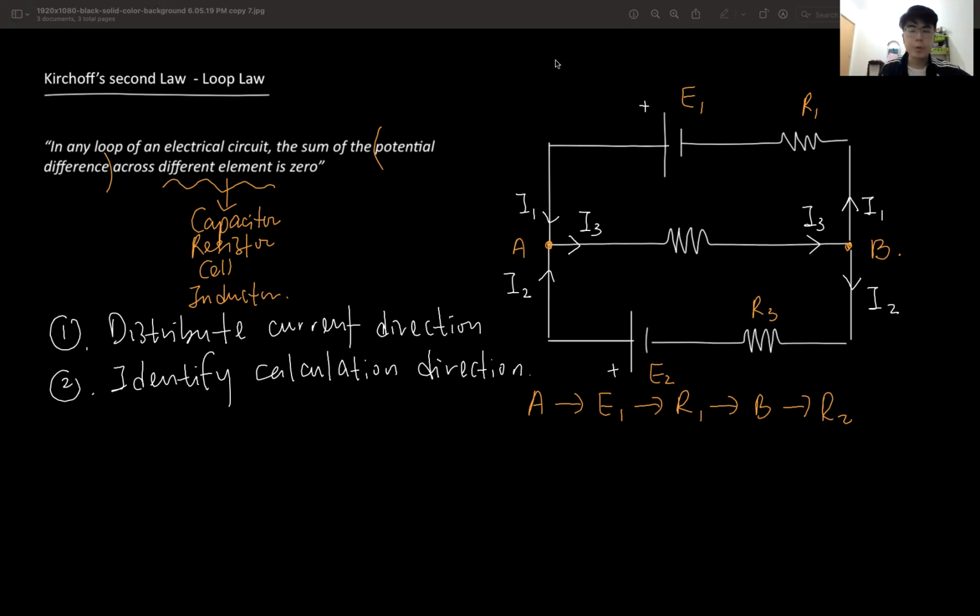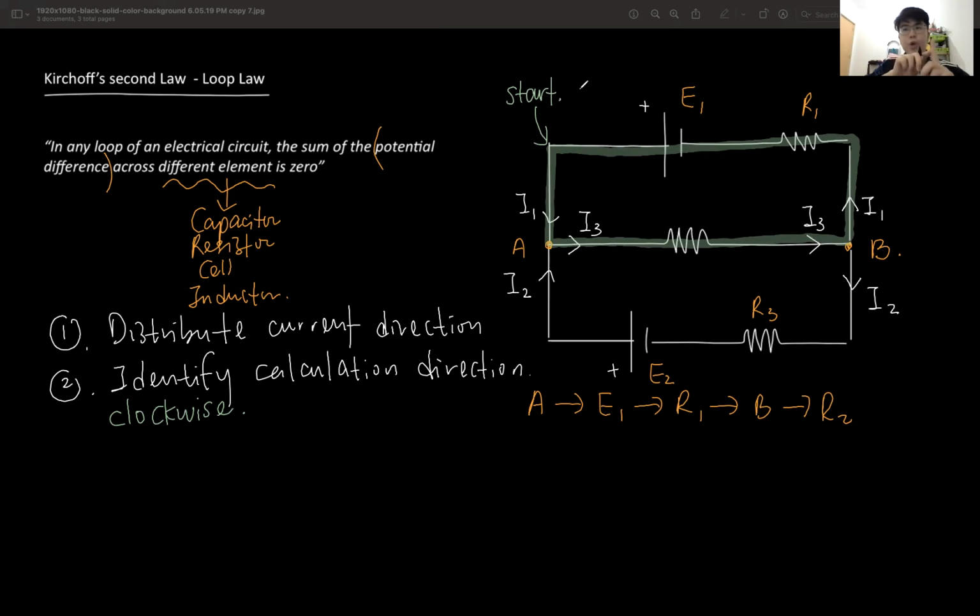Because we have a loop. What is our loop? Focus on the upper part of the circuit. This is our loop. The direction of calculation, I can either go anti-clockwise or clockwise. Now, let's just pick one example that I choose to go clockwise. Okay, clockwise. So I start at whichever point I want. Let's say I start here.